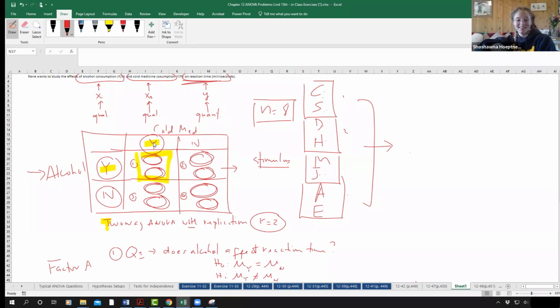Will it be the same as if they only consumed alcohol, or only consumed cold medication, or will the reaction time be much lower than either of these two? I think it'll be even lower, maybe even asleep by that time, right?